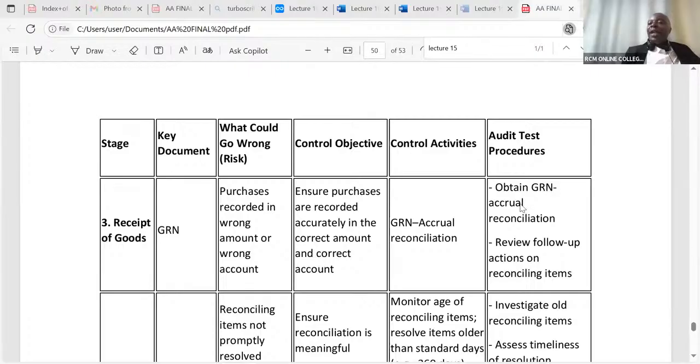Now please listen. So we are looking at the audit test procedures. Obtain the GRN accrual reconciliation, obtain it yourself. Whenever you talk of reconciliation, you must always also review something else.